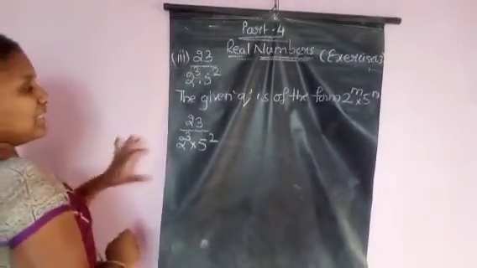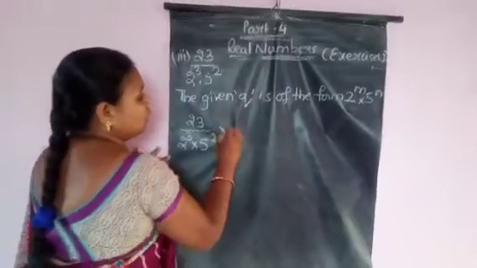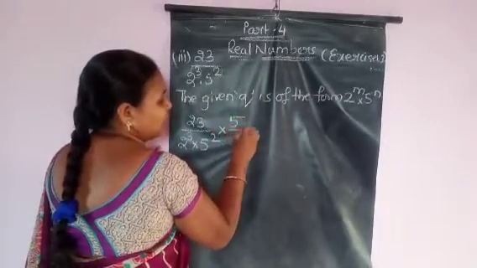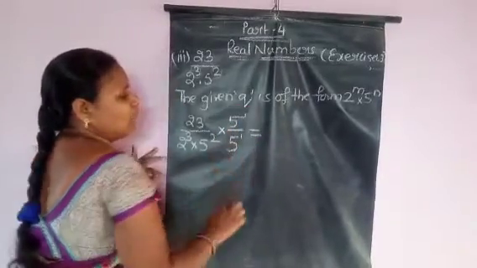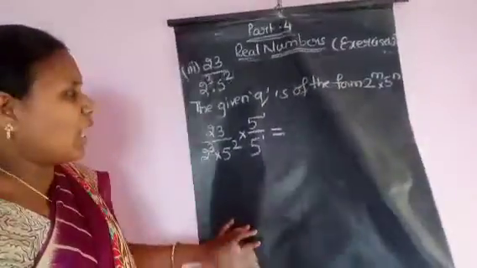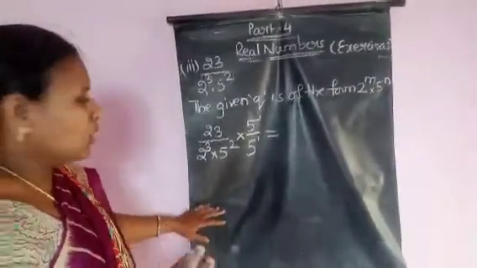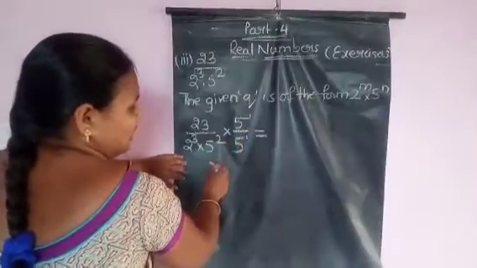To write the decimal expansion, we need to multiply the numerator and denominator also by 5 to the power of 1, or 5. 5 to the power of 1 or 5 means same. So 2 to the power 3, 5 to the power also 3.